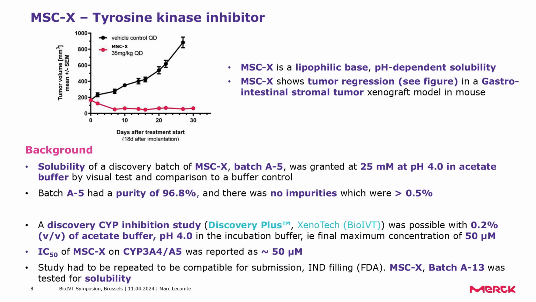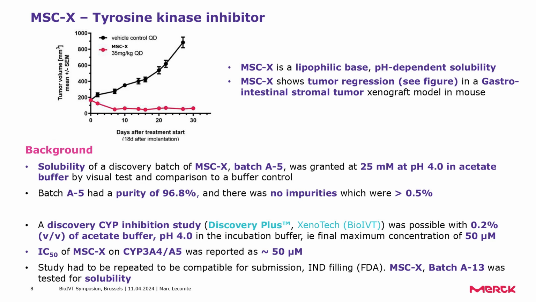During this study, it was possible to add 0.2% final by volume of this acetate buffer pH 4 in the incubation buffer, meaning a maximum concentration testable of 50 micromolar. Turns out that the IC50 of this compound on CYP3A4 was reported around the limit of solubility, which was 50 micromolar.